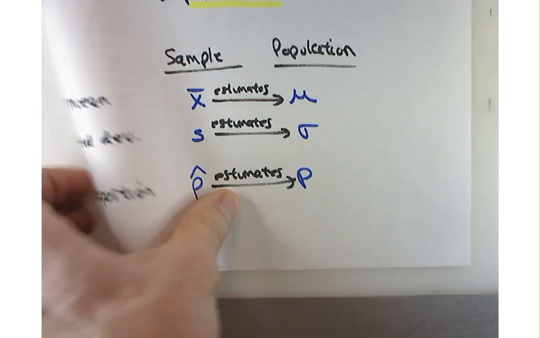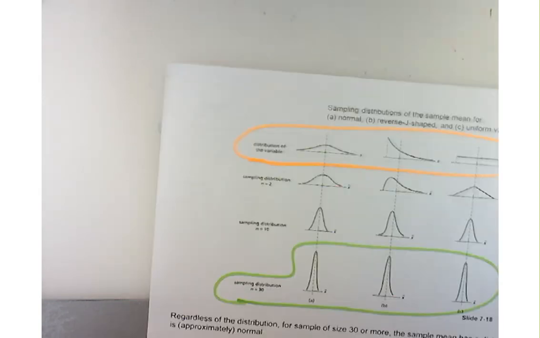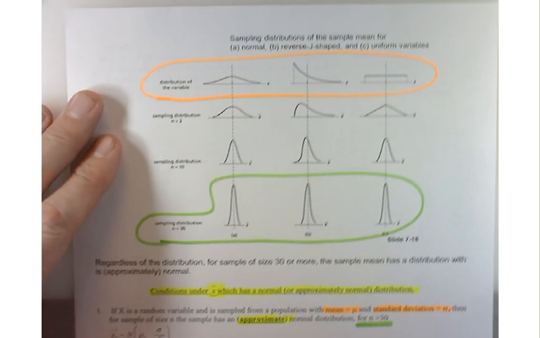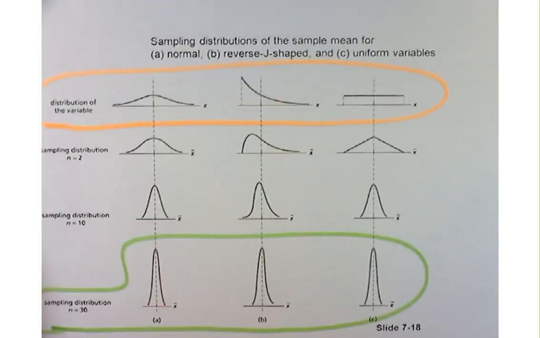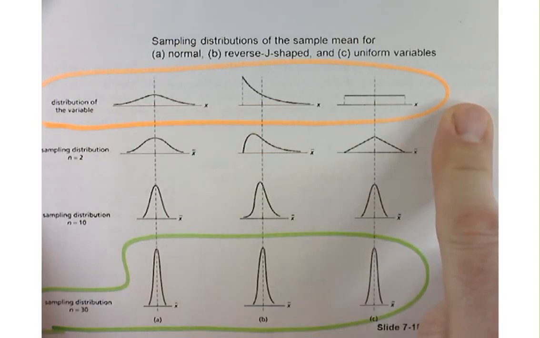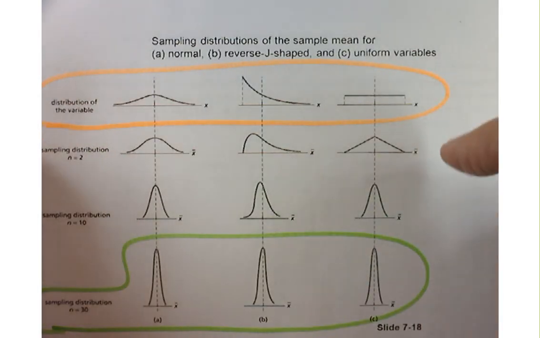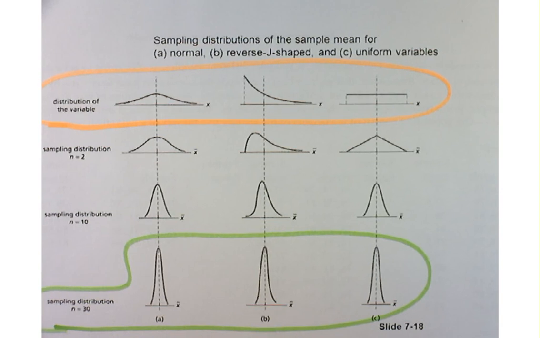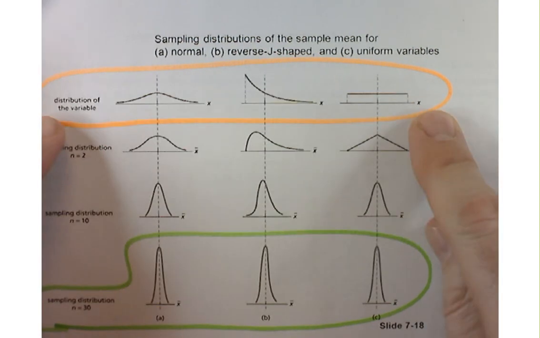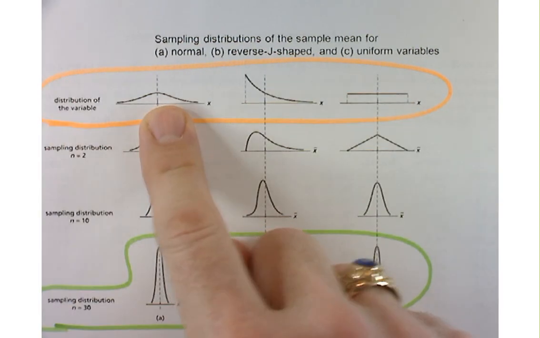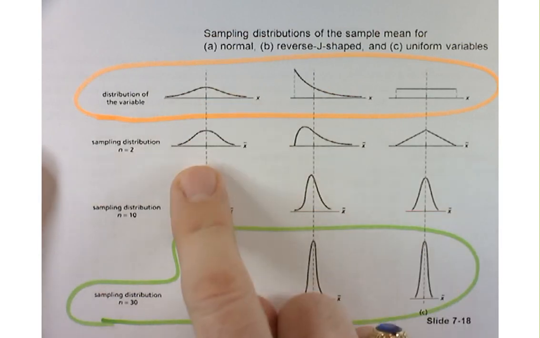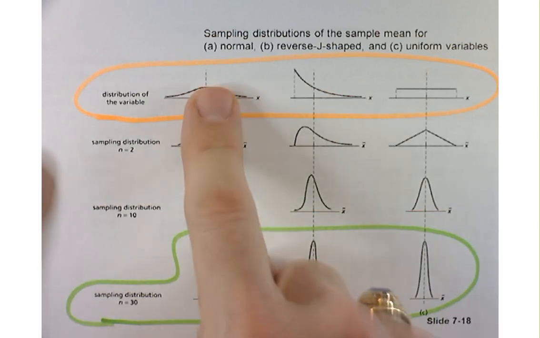Now the big thing we did last week, and I'll reiterate it here, was we looked at different distributions. We started out with 3 distributions and sampled from them and calculated the distribution of a sample mean for various sample sizes. So if you start out with a normal distribution, the sample mean is always going to continue to be normally distributed.